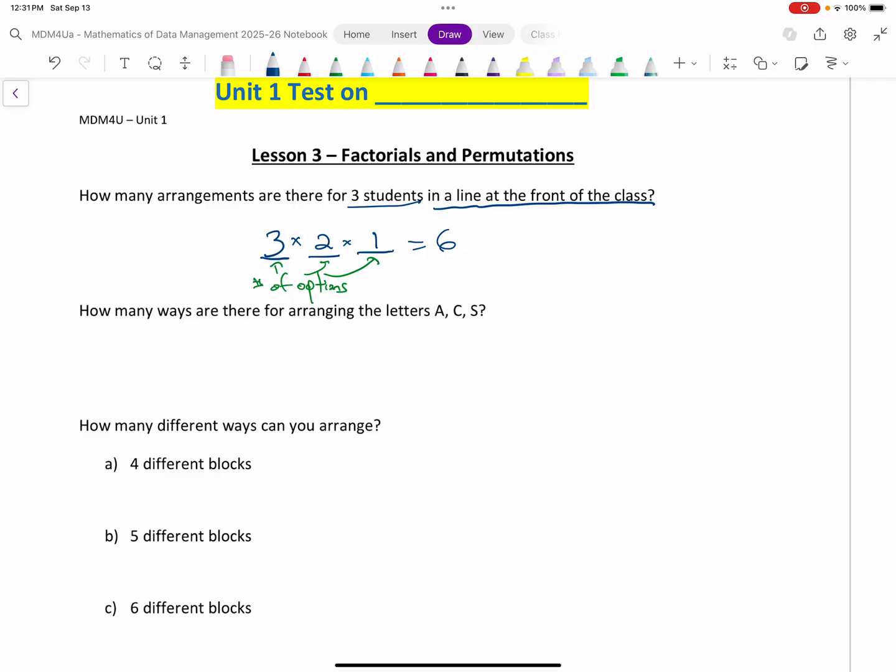This will always be the case when you have things that can't be repeated, as well as the fact that they are different from each other. So for example, in the next one, it says how many ways are there for arranging these letters? These are all different letters, and we're going to assume no repetition. And so similarly, it's just 3 times 2 times 1.